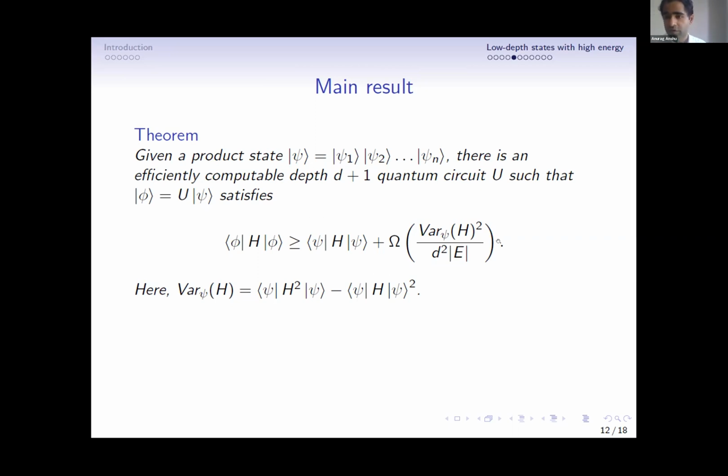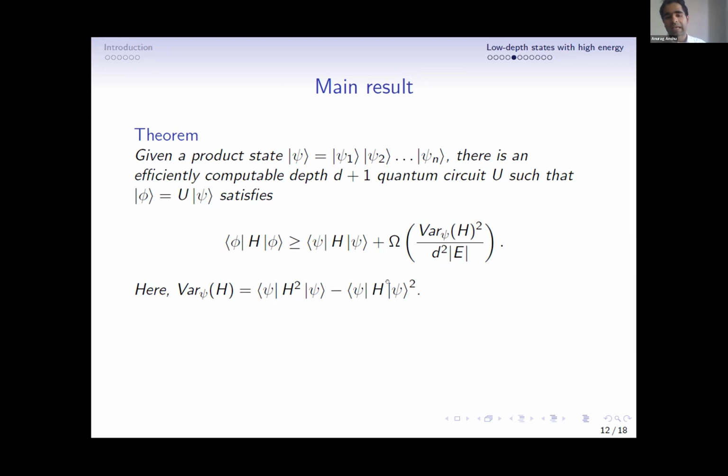And the improvement is as follows. Whenever this quantity called variance is large enough, where d is the degree, I get a pretty large improvement in the energy. It seems a bit strange why this quantity variance is coming in here.